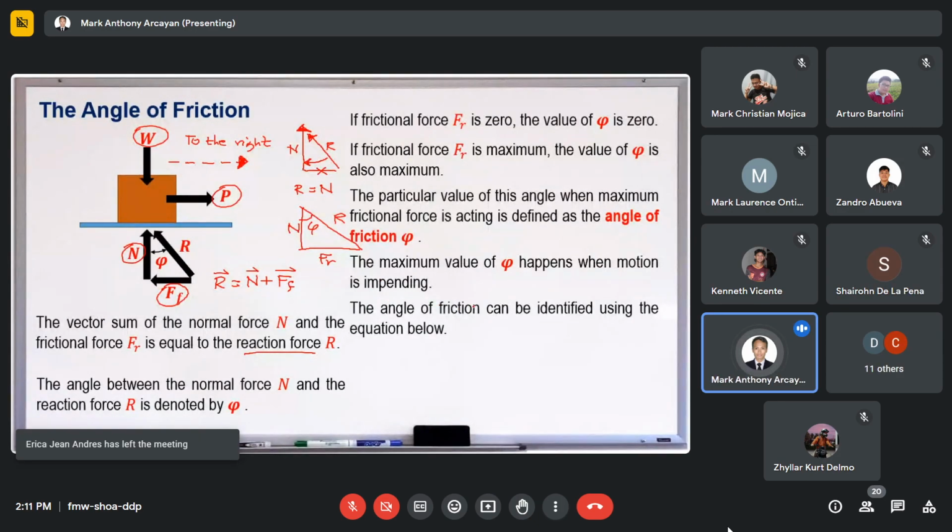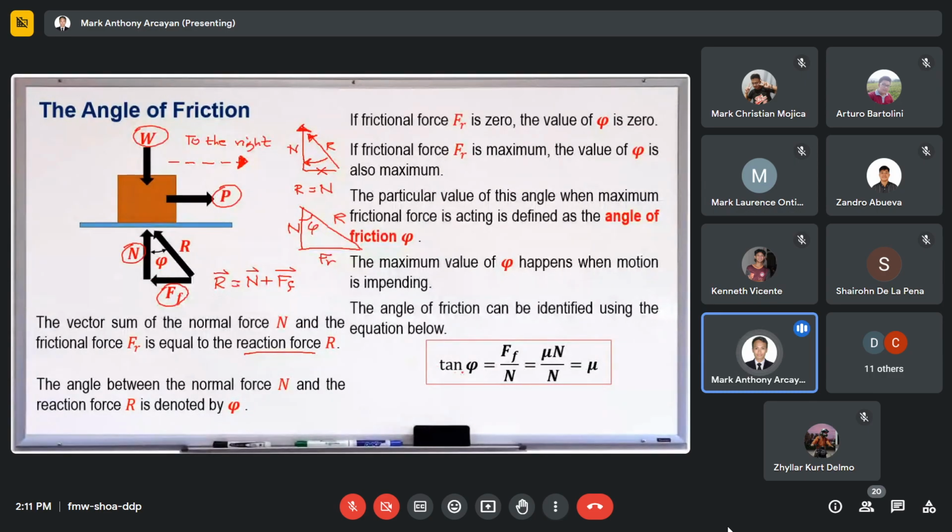Now, the angle of friction can be identified using the equation below. If we refer back to our right triangle of vector forces, using one of the trigonometric identities, the tangent of the angle of friction is equal to the opposite side, our frictional force Ff, over the adjacent side, which is the normal force.